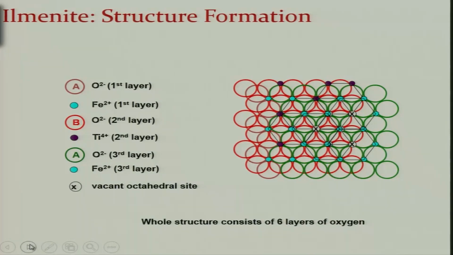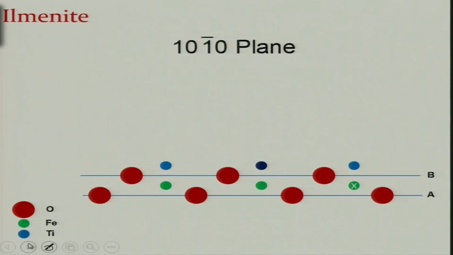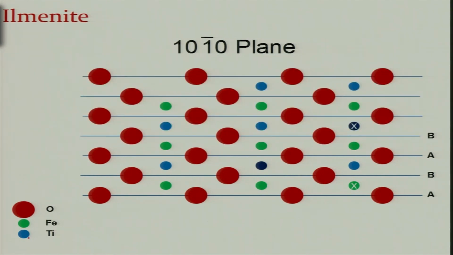Again you continue 6 times, basically 6 layers, and you will get the structure. This is how it is going to go: iron, oxygen, titanium, iron, oxygen, iron, titanium, and so on. The way you draw this structure is like this: this is the titanium layer, the iron layer, 1 empty, this is the titanium layer, 1 empty, this is the iron layer, 1 empty.